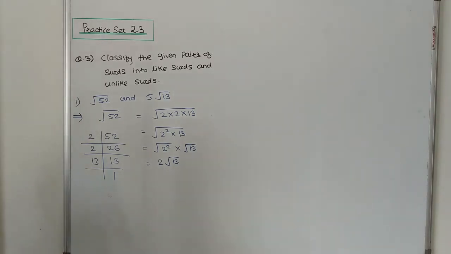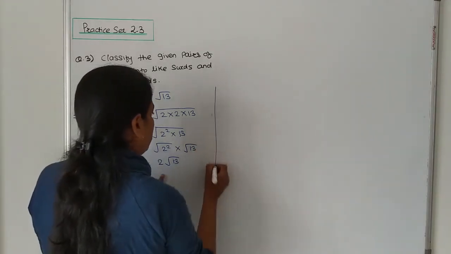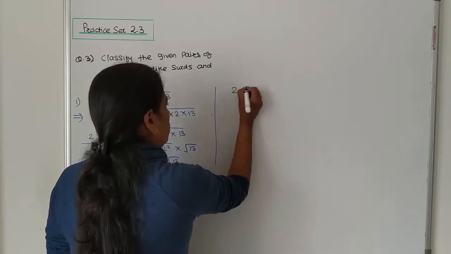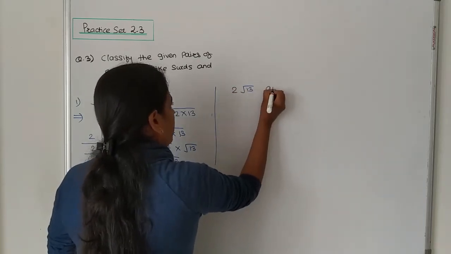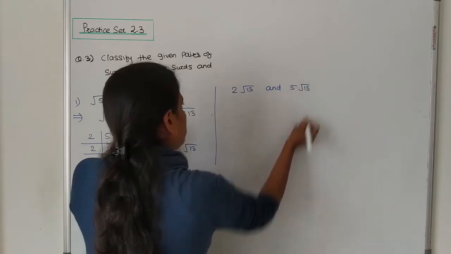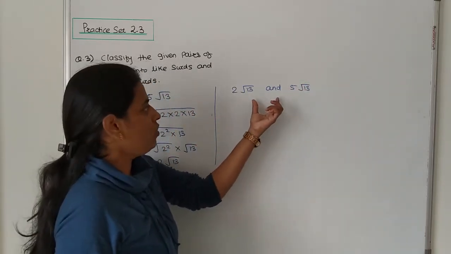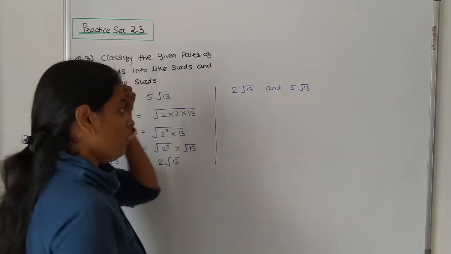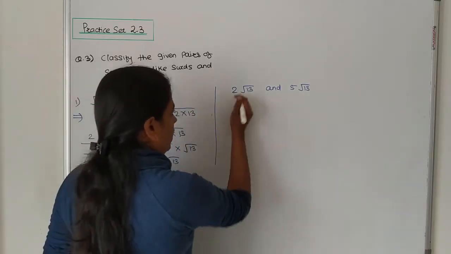Just observe, the new numbers are 2 root 13 and 5 root 13. These are the two surds. Is it a like surd? Yes, definitely.